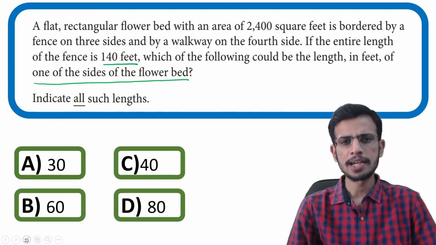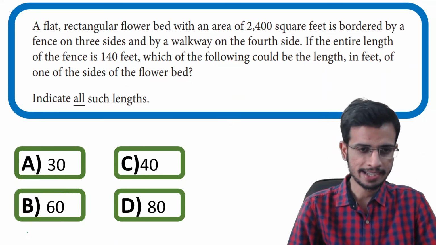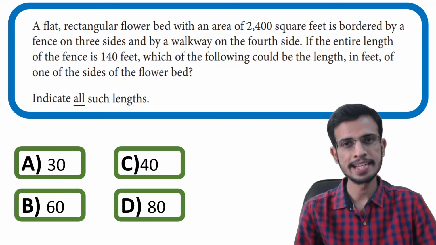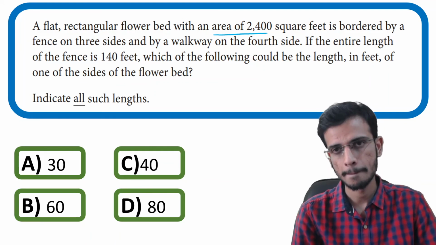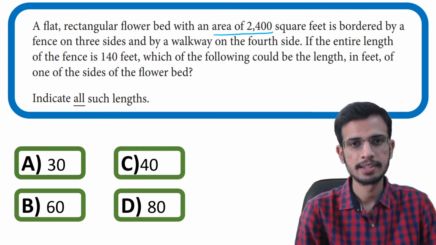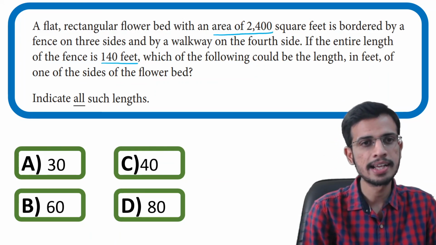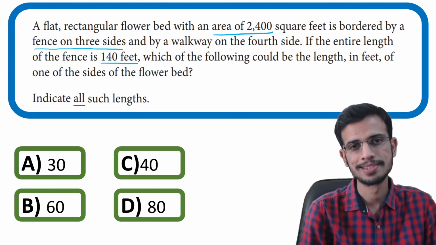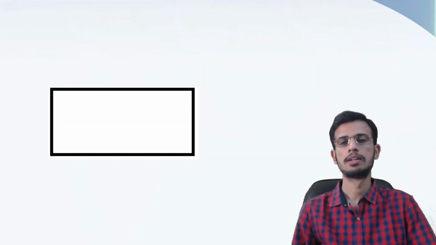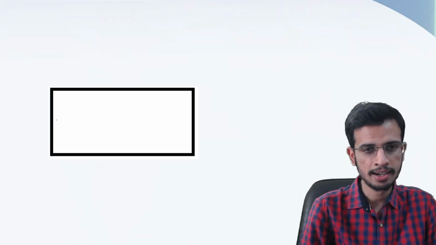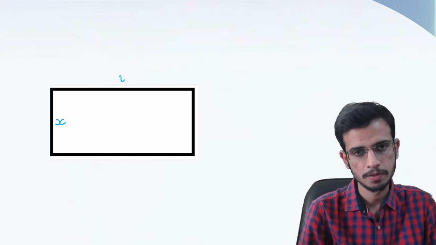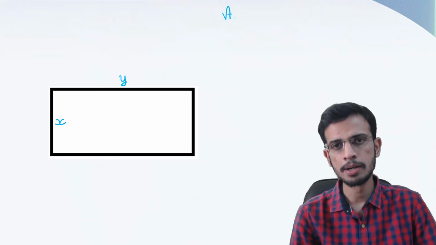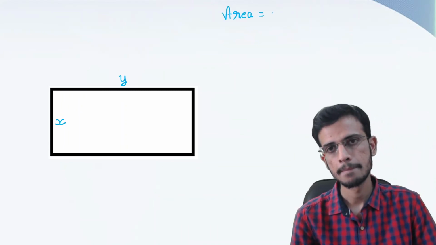If I take option A as a correct, area is given to us and this sum of 3 side lengths is also given, right? What is area? If I take this side as x, then area will become xy.